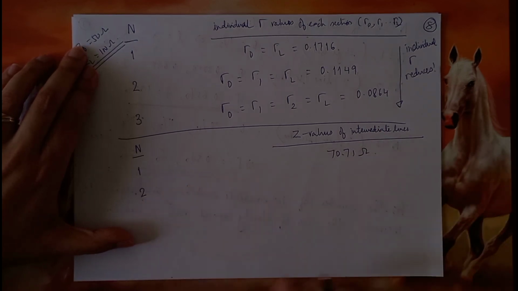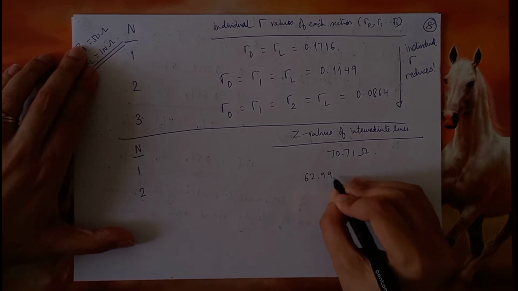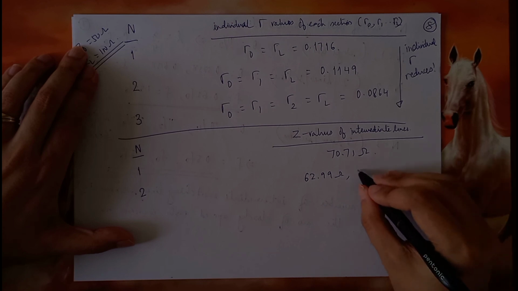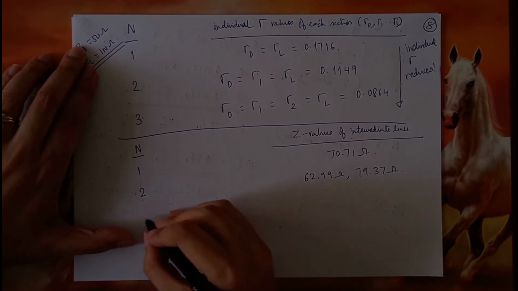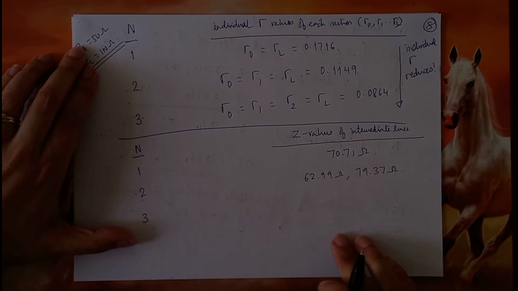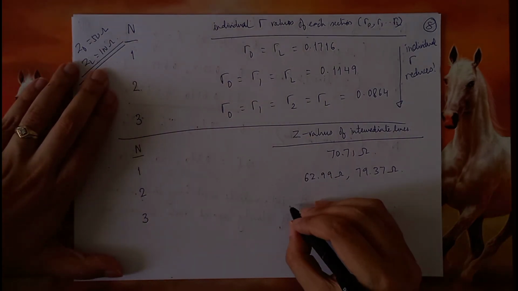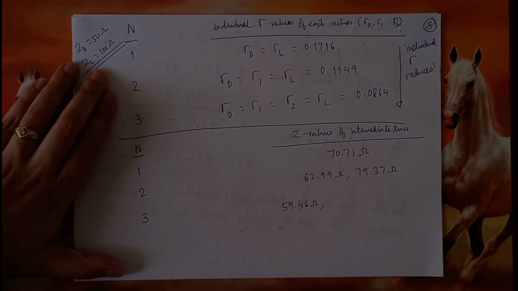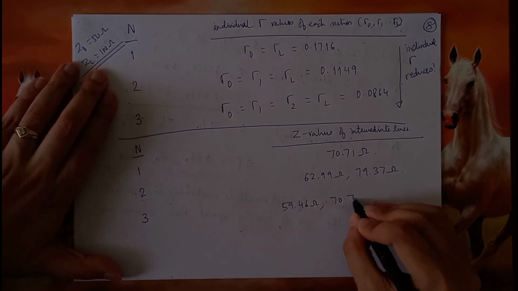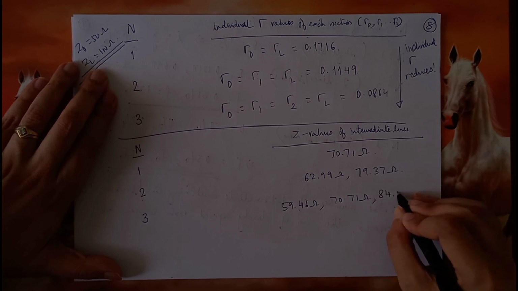For n equal to 2, there were 2 Z values. One was 62.99 and the other was 79.37. Third case, when n was equal to 3, the impedance value of the individual sections was 59.46, 70.71 and 84.09.